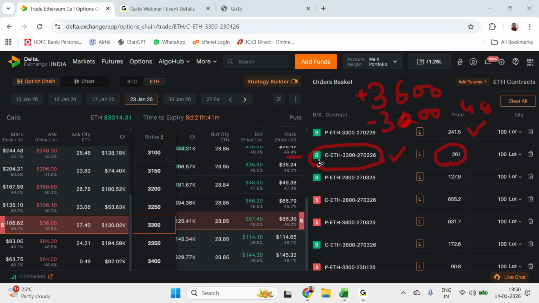Also, initially you started with a weekly option, now you sell the 30th January, same 3,300 call, because of the profit capping adjustment. The profit capping adjustment will be done only in the call, not in the put.